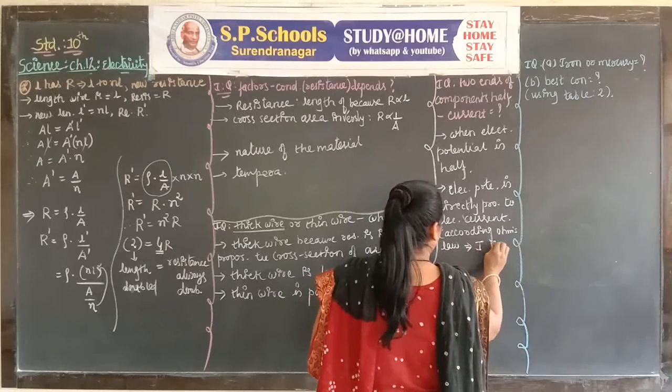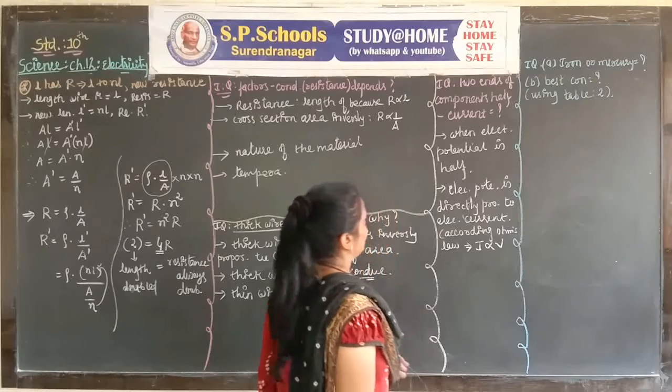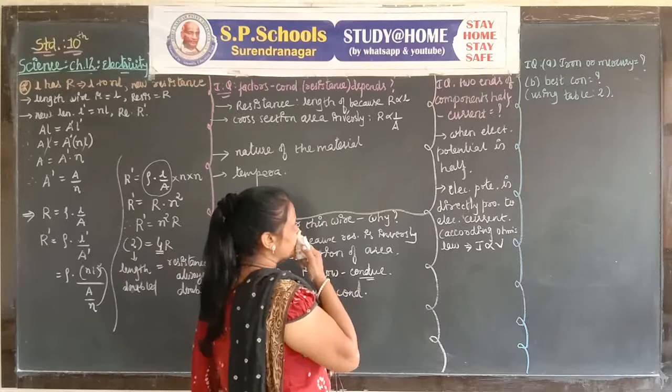It will be I is proportional to V. Electric potential is directly proportional to electric current.